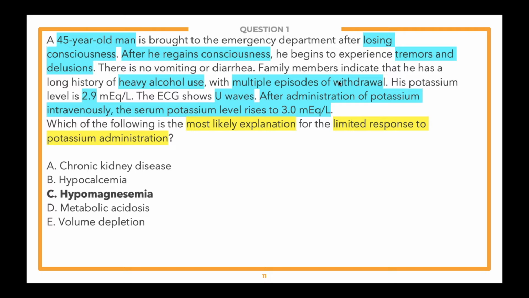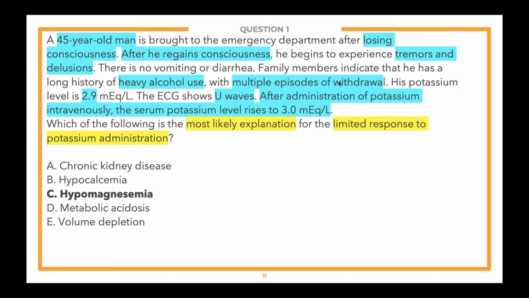So we've got to be thinking about what could be related between that and the potassium not responding. People who drink alcohol heavily often have low magnesium. One, because they don't get enough in their diet, and two, they have damage to their kidneys to where they excrete out magnesium.